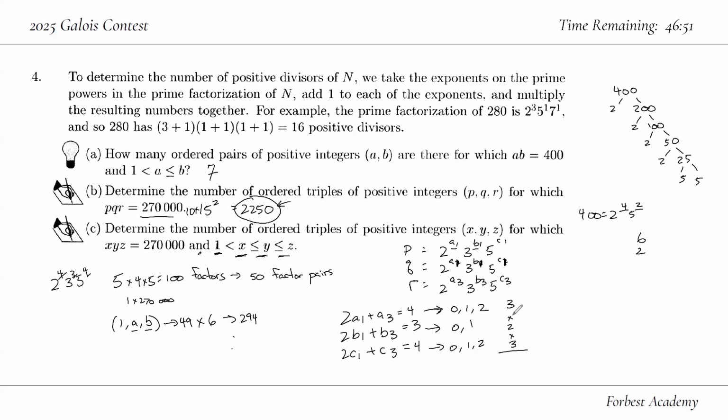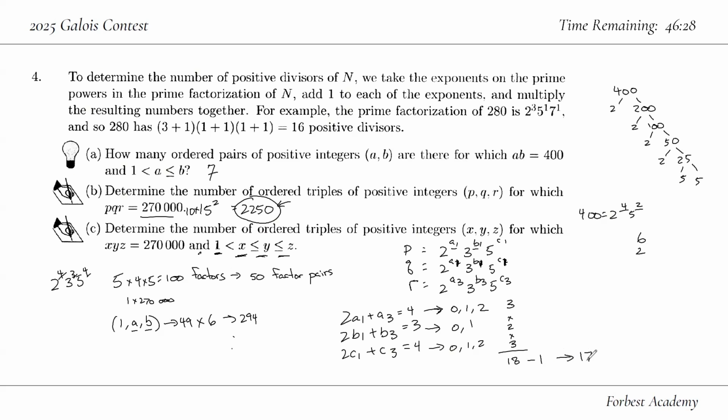Notice within these 3 times 2 times 3 equals 18 ways, this includes the 1 times 1 times 270,000. So we have to take minus 1.